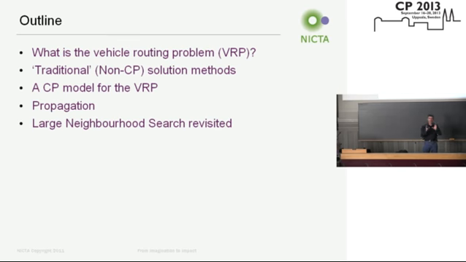We'll look at a couple of different ways of solving that model, and in probably the least exciting part of the talk, I'm going to do some hand propagation of a set of constraints. But I hope that you'll understand the use of constraint programming by going through this rather tedious exercise. And then we'll have a look at one of my favourite methods for solving VRPs with constraint programming, and that uses the large neighbourhood search.